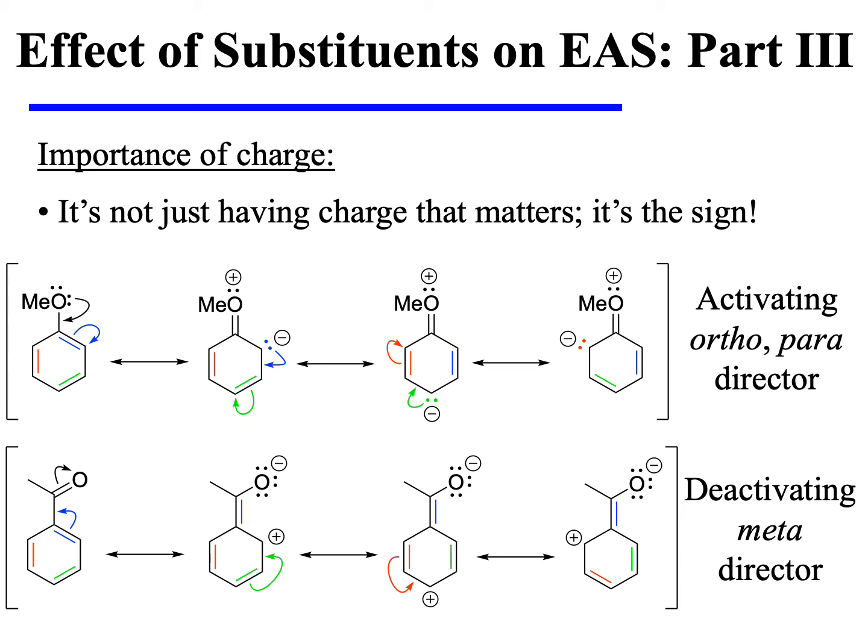Therefore, the ring is deactivated toward EAS. Additionally, the ortho and para positions are the last sites that we would consider using as nucleophiles because of the positive charges at those sites. And as a result, EAS happens at the meta position.